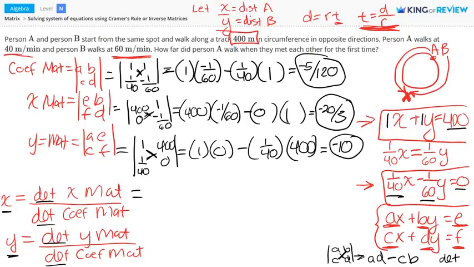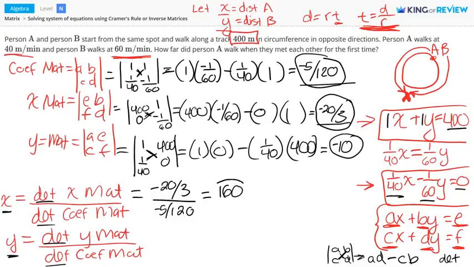So now solving for x, we have the determinant of the x matrix. We solved for that here. That's negative 20 over 3 divided by the determinant of the coefficient matrix. That's negative 5 over 120. And when we work this out, this is equal to 160.